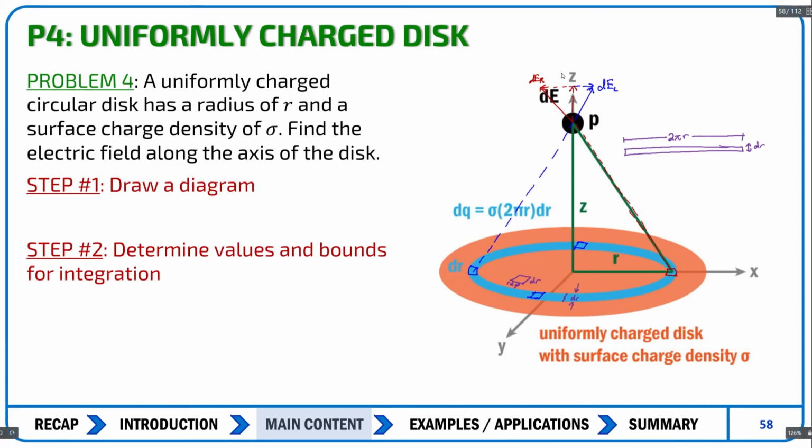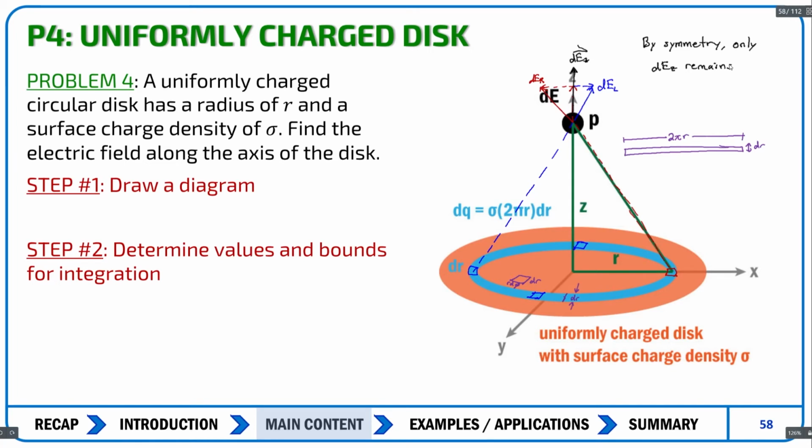So that means that dEz is the component that we're going to be looking for to solve. So by symmetry, let's just write this somewhere else. Only dEz remains.